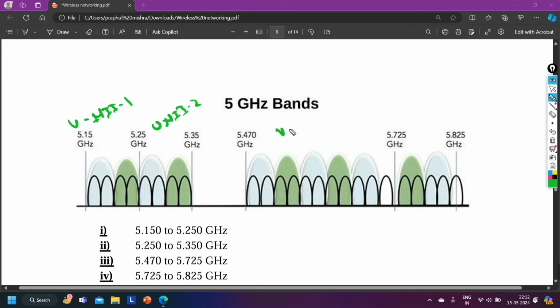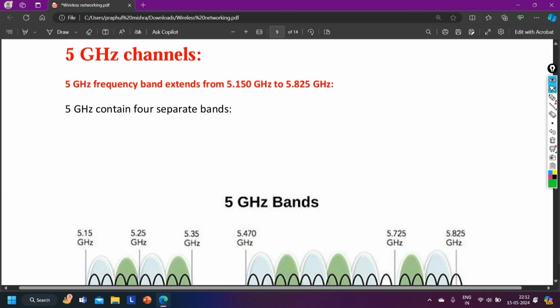This is UNII2 extended, and this is UNII3, like that. Or you can say we have 4 sections. Unlicensed National Information Infrastructure. We have 4 different separate bands under the 5 GHz frequency, right? 5 GHz contains 4 separate bands.